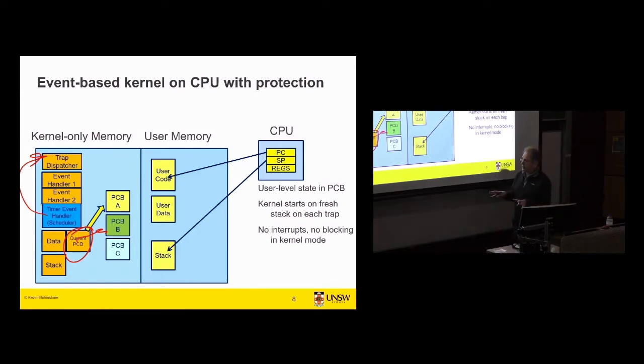The code demultiplexes what's going on and calls the right part of the OS. That's like the event model. And then once we have finished dealing with the event, we return back to that assembly code that restores the application. Now, the idea here is that we'd have that assembly code not restore the application that is currently running, but restore the application that the current TCB points to on the way out. And that's where the switch would happen.